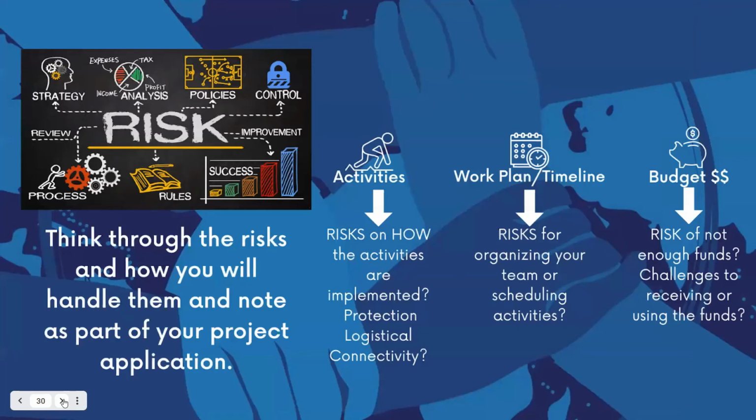As you're thinking about your problem statement, the solution, the impact and the different people who would be involved, it's also really important to be frank with yourself and ask yourself, what are some of the risks involved in doing some of these activities?